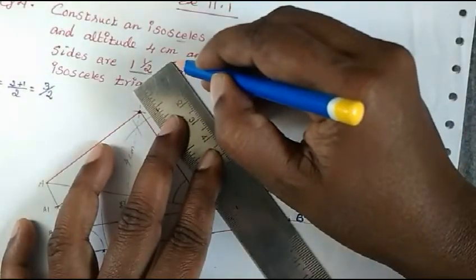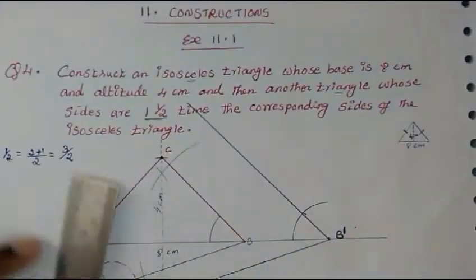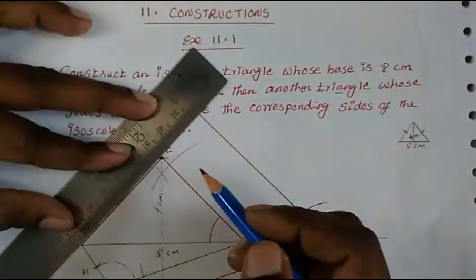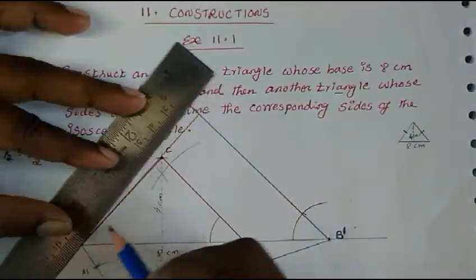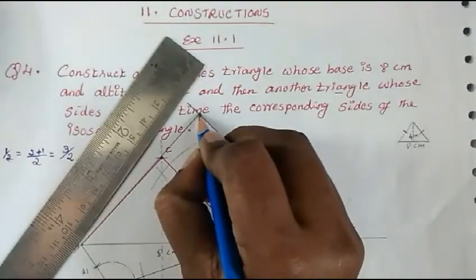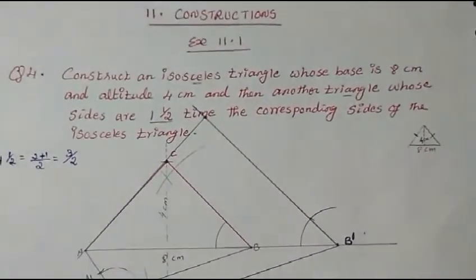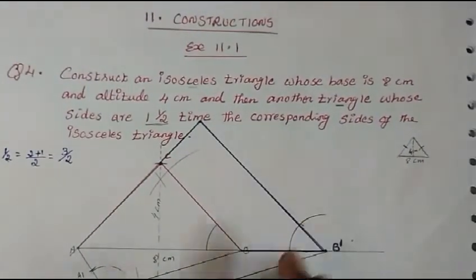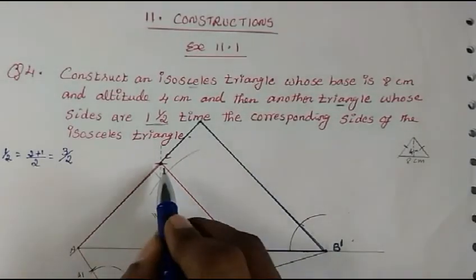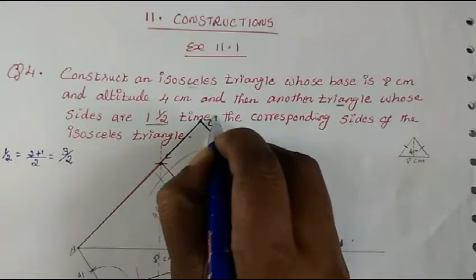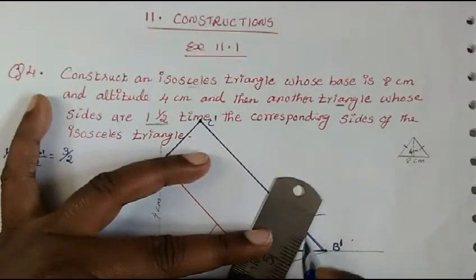It is going on top of it, so now extend this line so that it joins there. So this is our point. This is the required triangle we have constructed. So this is B dash, and this is C, means this will be C dash. So let me highlight the triangle that we have constructed.